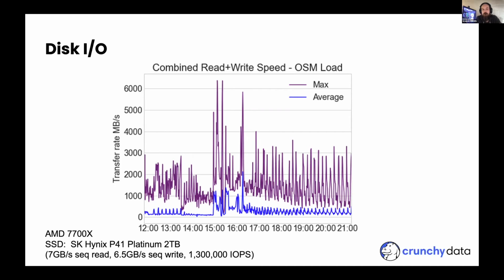The important number for me then is to notice that I'm hitting a maximum peak transfer rate on this thing of 6.5 gigabytes a second, which is exactly where the specifications for the drive are. And that's really what's important for me for Postgres.